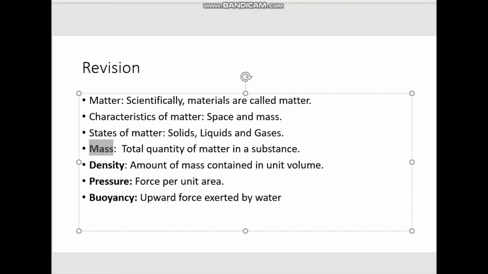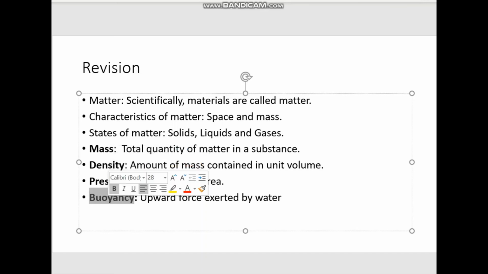Mass is the total quantity of matter in any substance. Then density. Density is the amount of mass contained in unit volume of a substance. Pressure is the force per unit area.